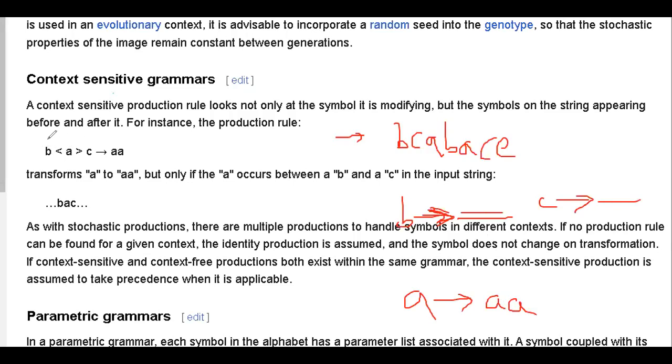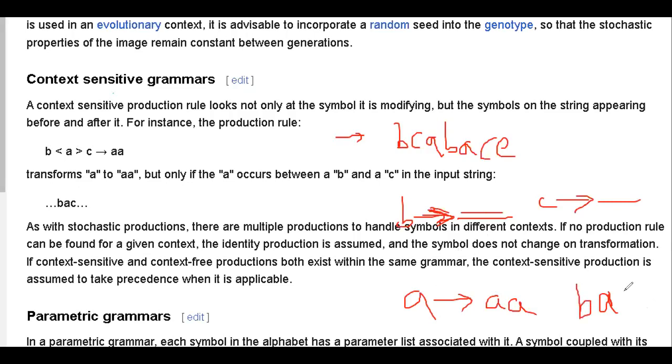Whenever B is its left neighbor and C is its right neighbor, then A is converted to double A whenever A has these neighbors.